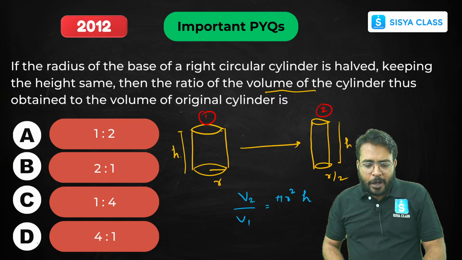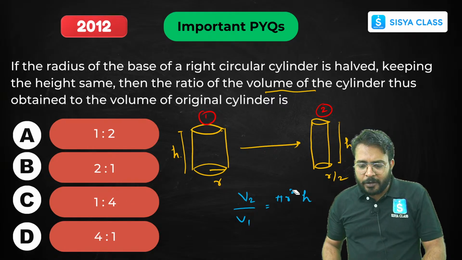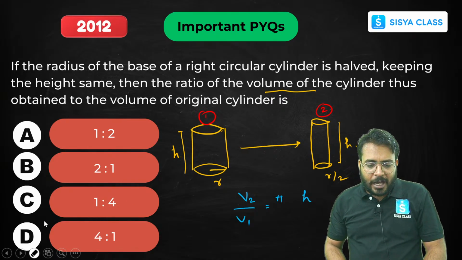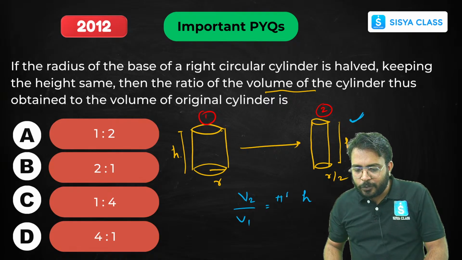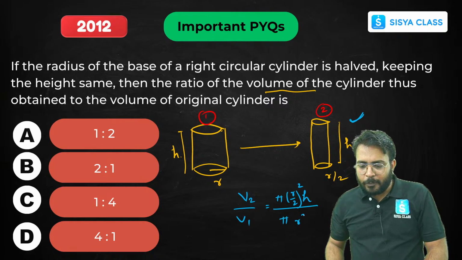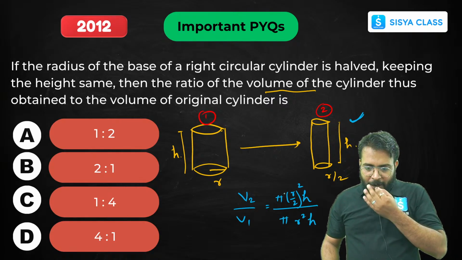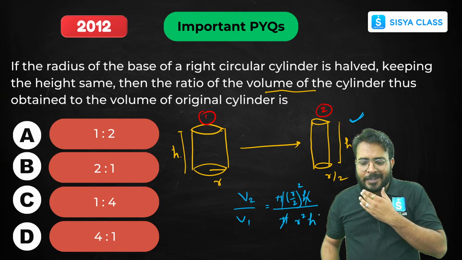But here the value of r is r by 2. Here we are not going to use r, we are going to use r by 2. Why? Because the radius of my second cylinder is r by 2. So it is pi into r by 2 whole square h divided by the first one, that is pi r square h, all right. Now pi and pi will get cancelled, h and h are the same.